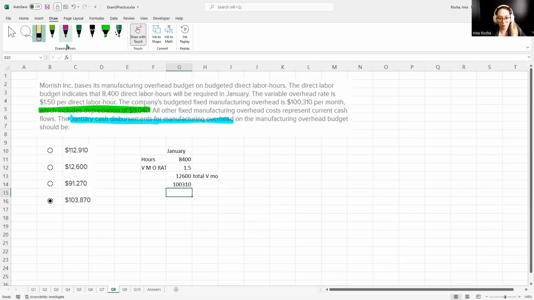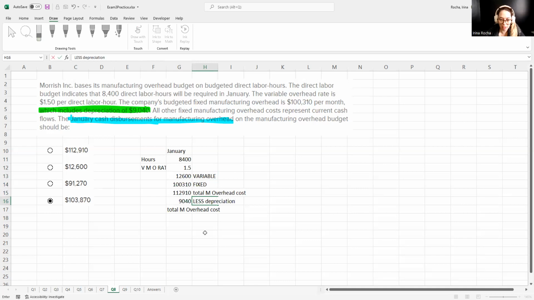So we take total variable manufacturing overhead plus fixed manufacturing overhead, which is my total manufacturing overhead cost, and then subtract depreciation, because I'm calculating how much money is actually leaving the company. That's the answer.